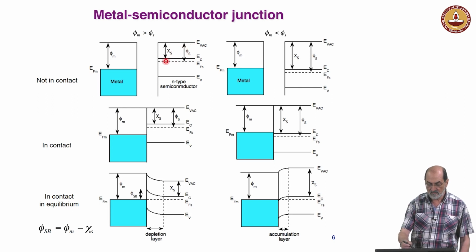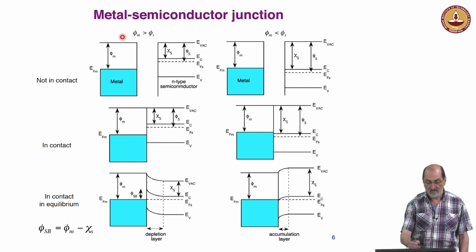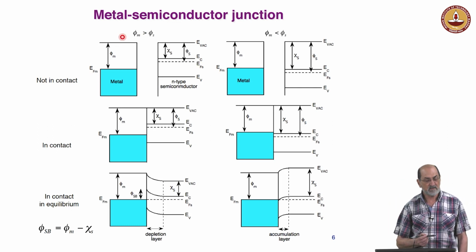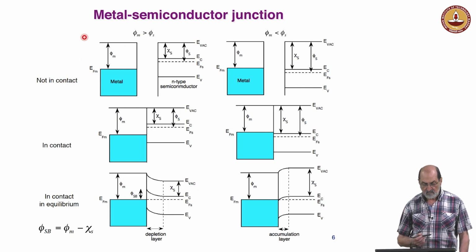This is the work function to the Fermi level. We are assuming an N-type semiconductor, and in principle no surface charges. That is, both the metal and the semiconductor are not charged, and this would be the situation, in the first column.